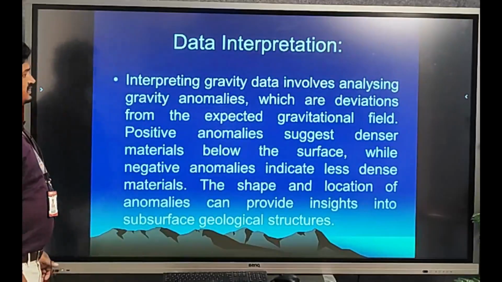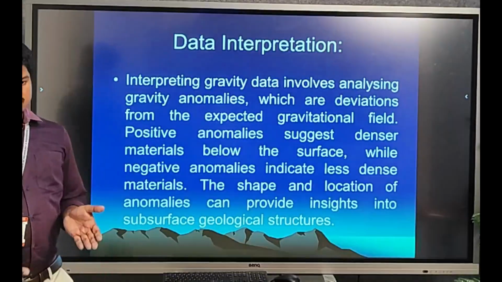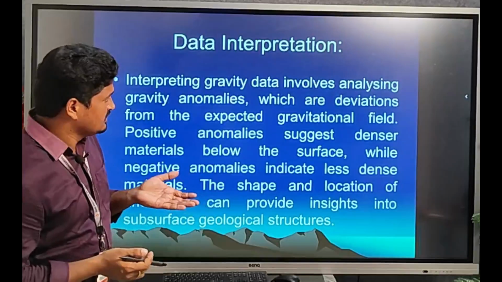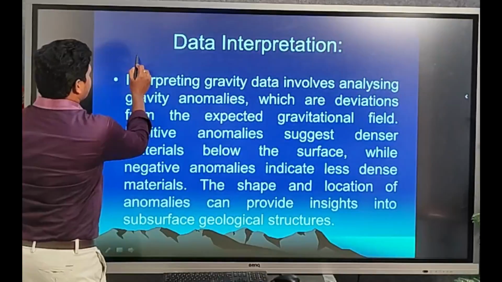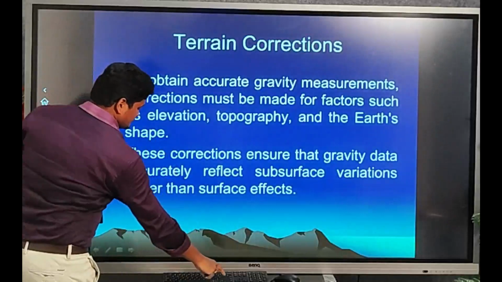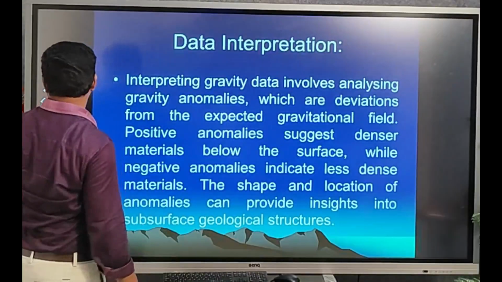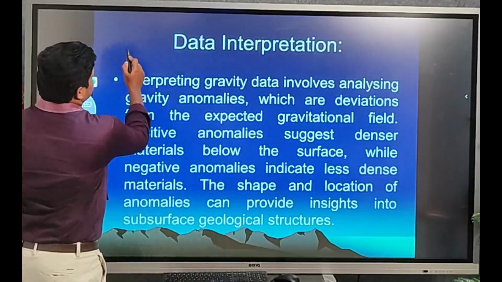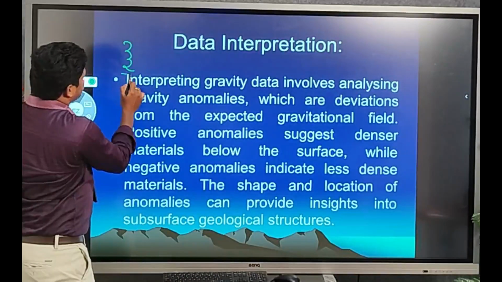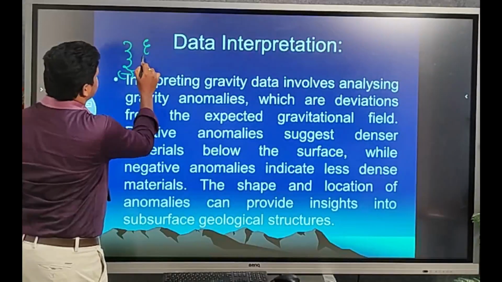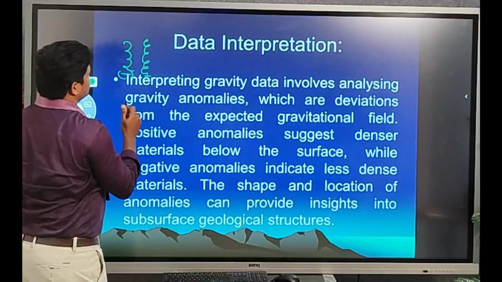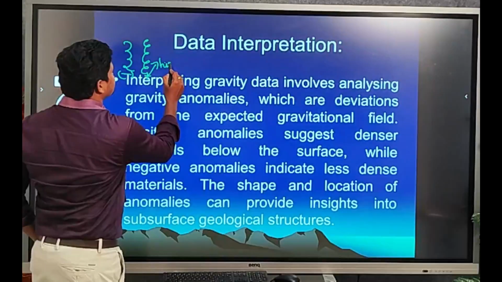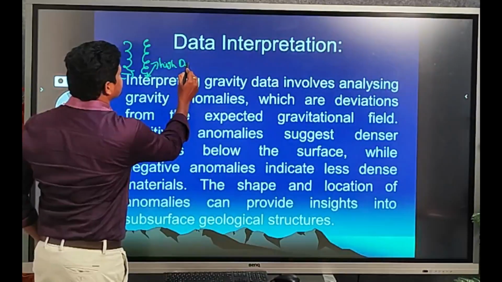In data interpretation, we are able to draw the diagram based on the anomaly variations. Based on the gravity meter there is negative, and based on the spring there is positive. If it is positive, that particular area has high density minerals, a high density contrast.